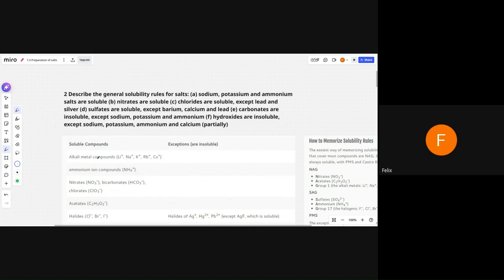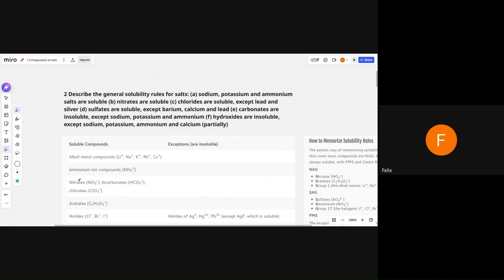So I've pasted this table here, which you can see. Alkali metals, which refers to group 1, so lithium, sodium, potassium, rubidium, and cesium, are all soluble no matter what they are connected to. Similarly, ammonium is also a positive ion, so it is also soluble without any exception.